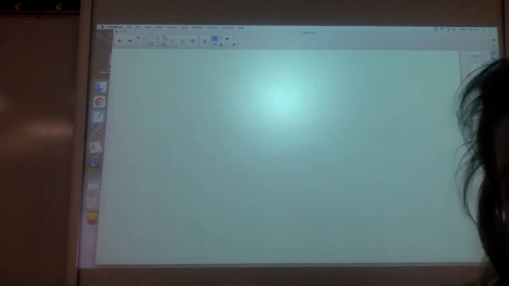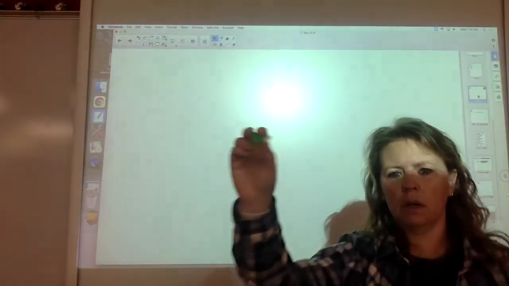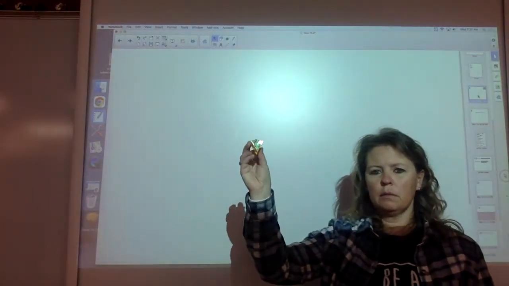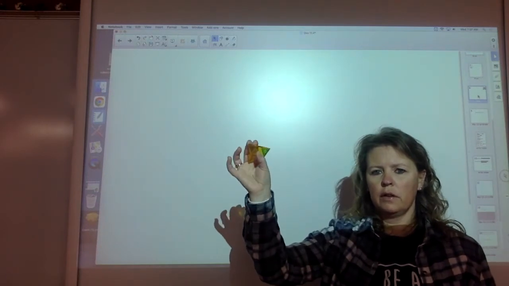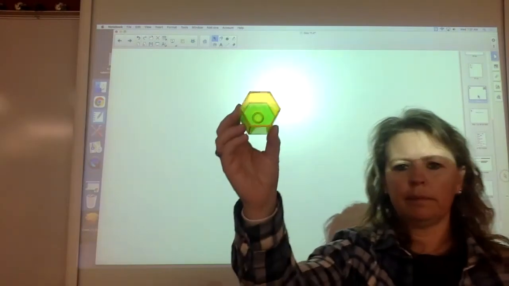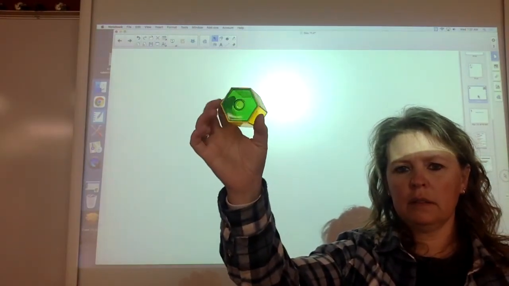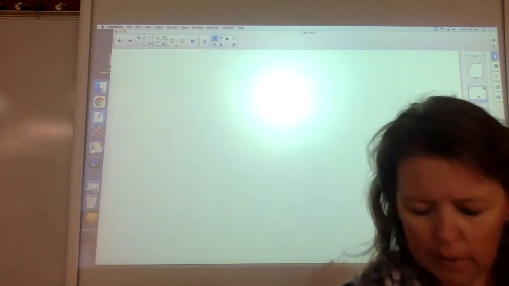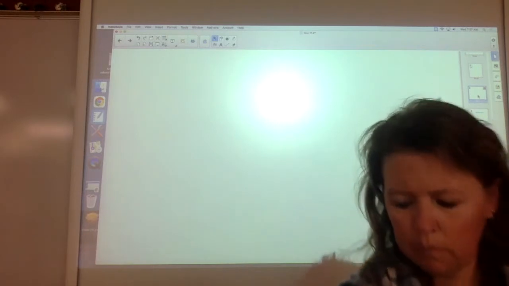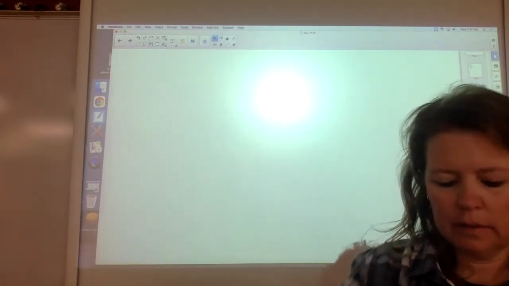Triangular prism has a triangle for the two bases. Hexagonal prism has a hexagon for the two bases. And here's another triangular prism. Octagonal prism has an octagon for the base.